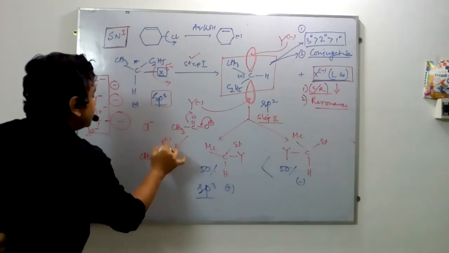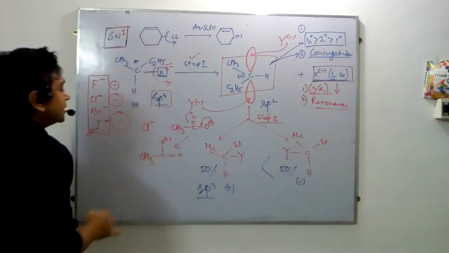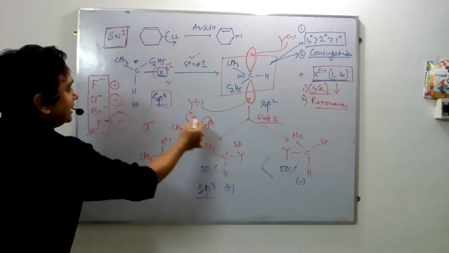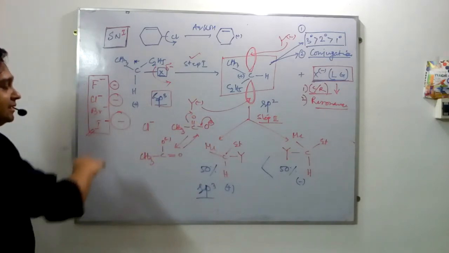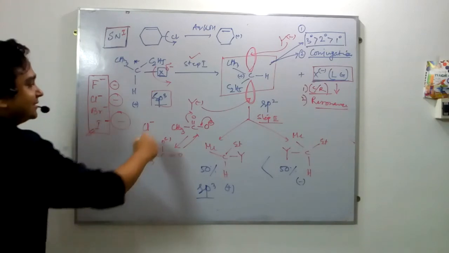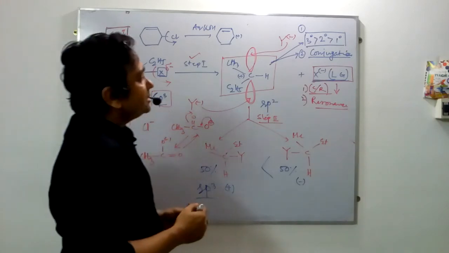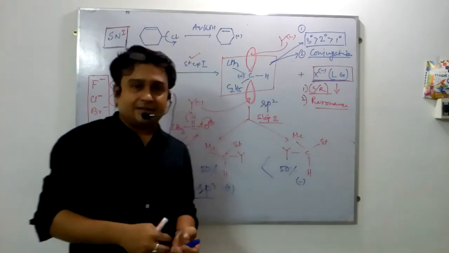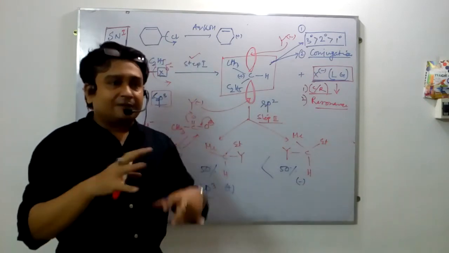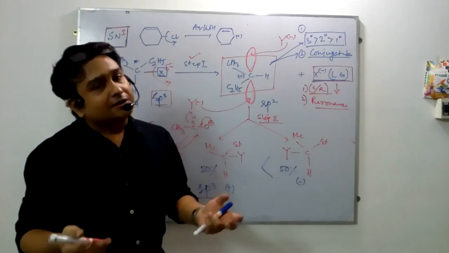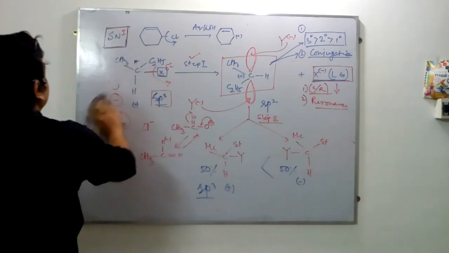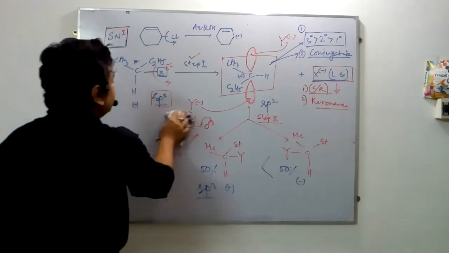So if this is going to form resonance canonicals, this is able to engage itself in stability, and that is the resonance, then definitely they will be stable. If the species which is leaving out from the reaction center may engage itself in the resonance structure, then it will be stable.